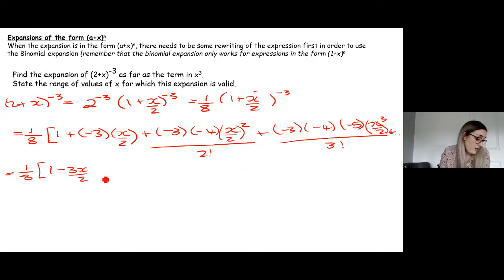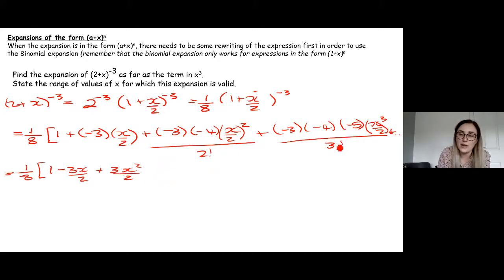I think. So minus 3 times minus 4, that x squared is going to become a 4. So that cancels out with that, and it's going to stay positive. So we're going to have plus 3x squared over 2. Yeah, I think I'm right on that one.